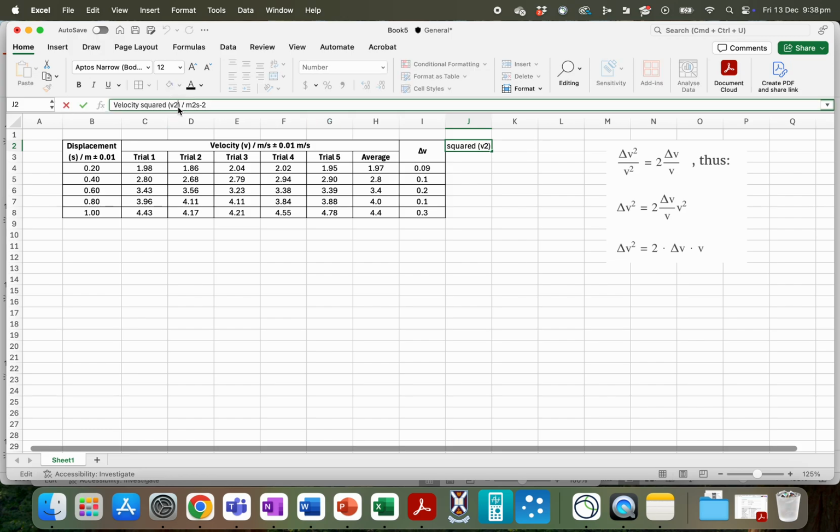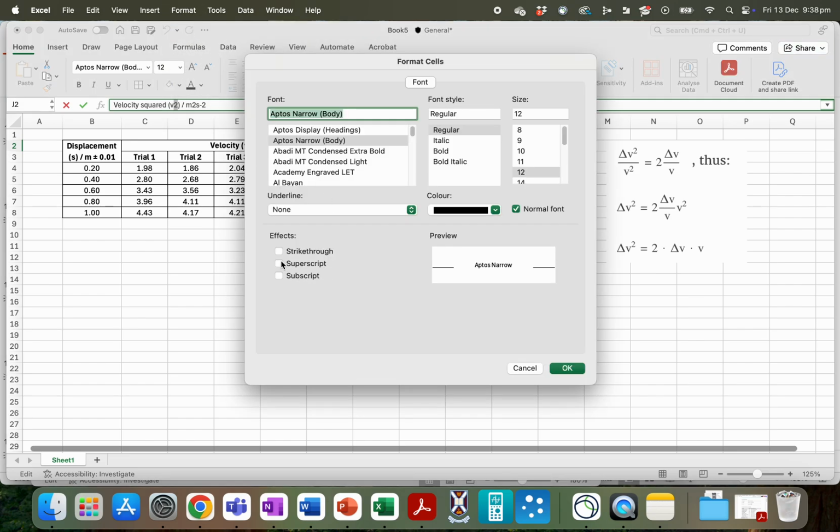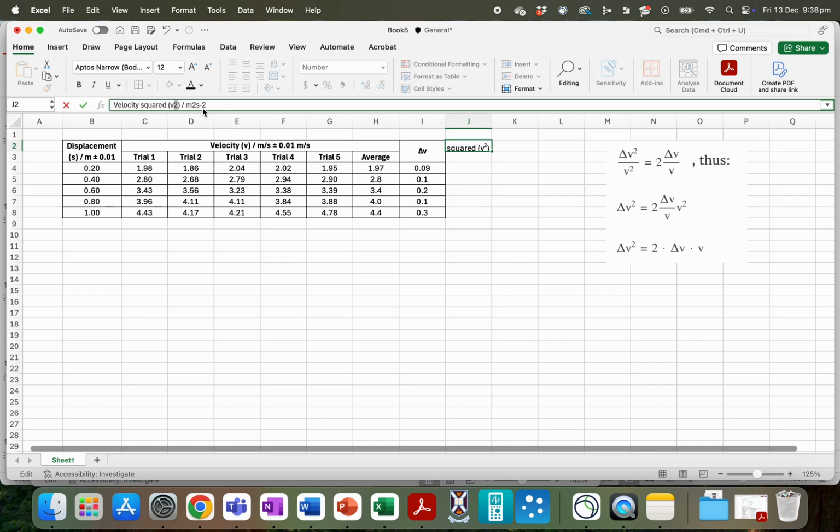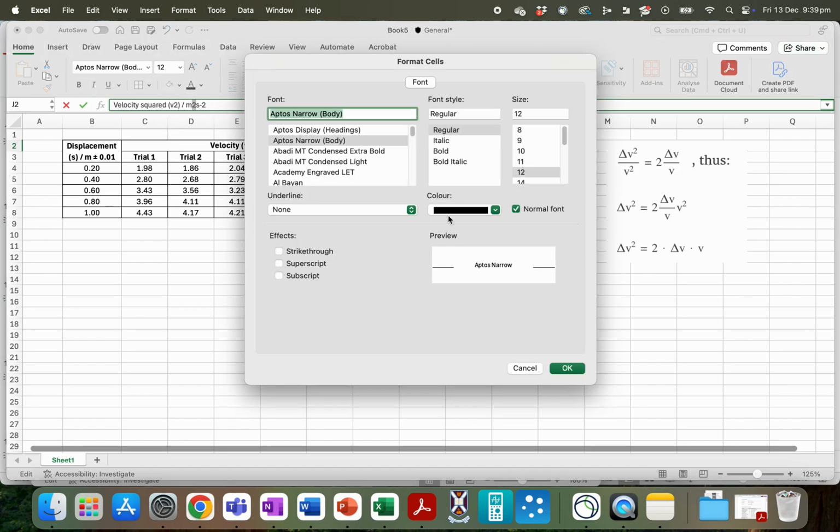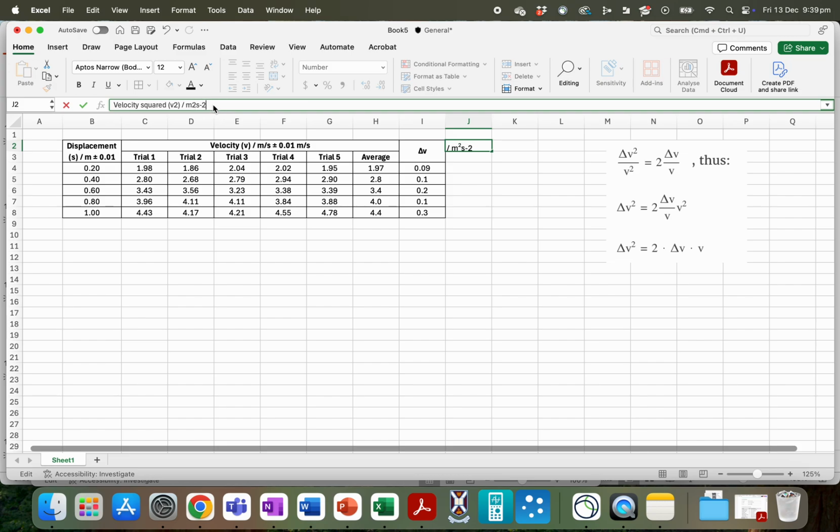Okay, so let's go up here and I'm highlighting the two, format cells and superscript. Okay, yes, that's worked. Highlight the two, format cells, superscript, and minus 2.